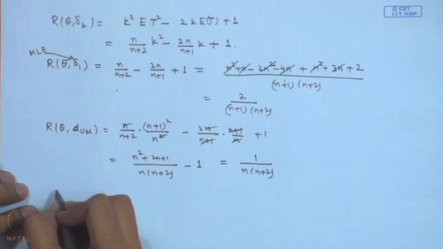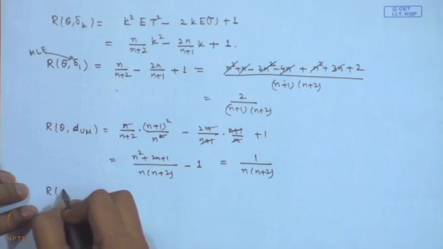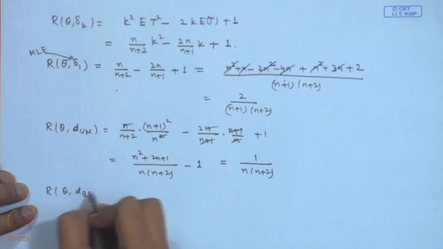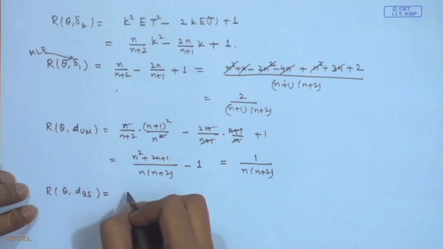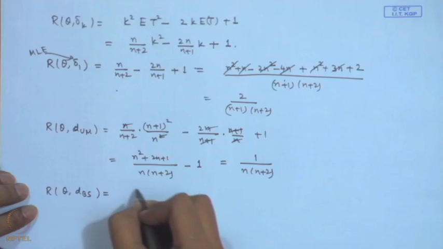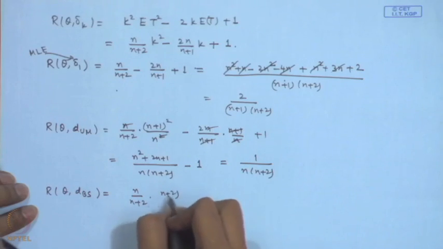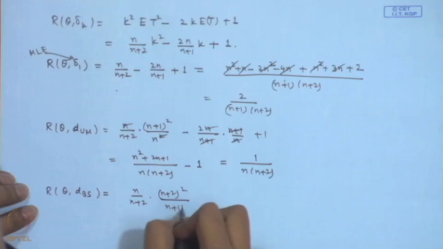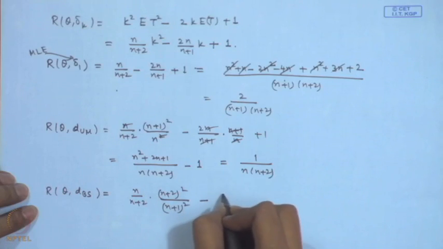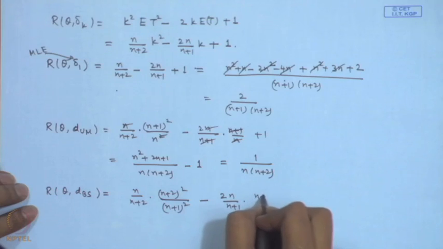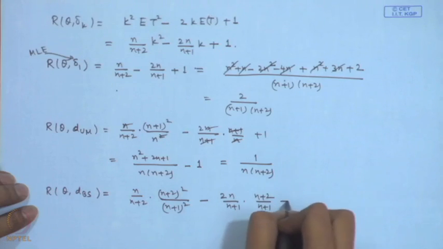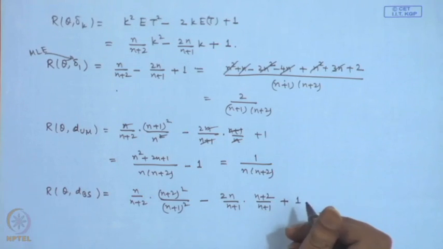Okay, let us also look at the risk of the best scale equivariant estimator, that is equal to n/(n+2) times (n+2)²/(n+1)² minus 2 n/(n+1) times (n+2)/(n+1) plus 1.